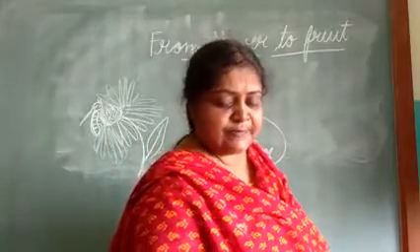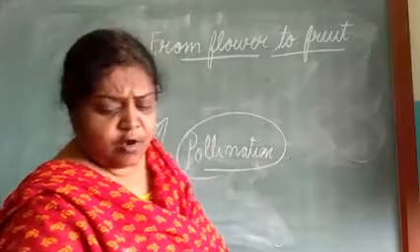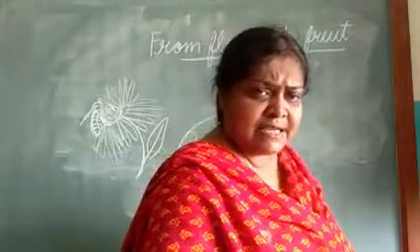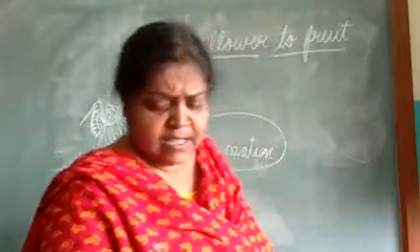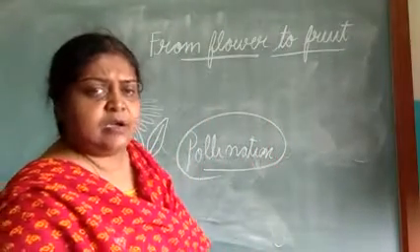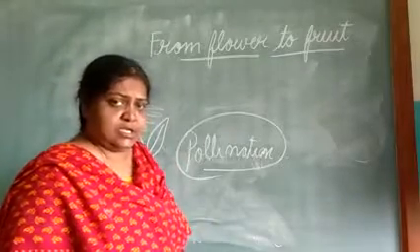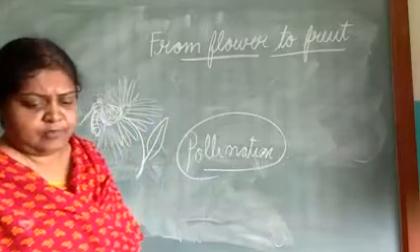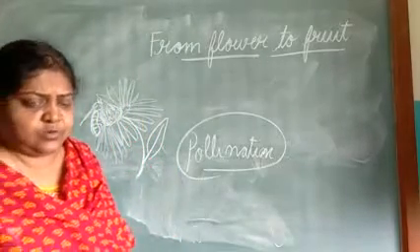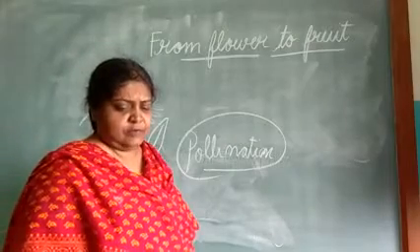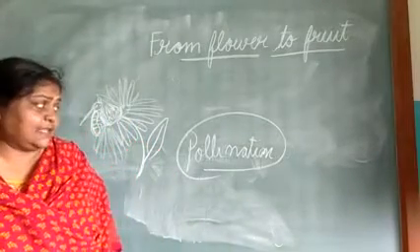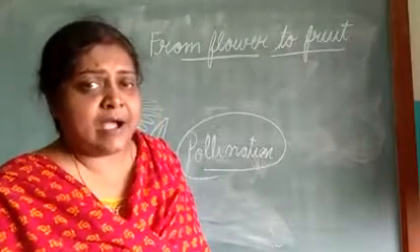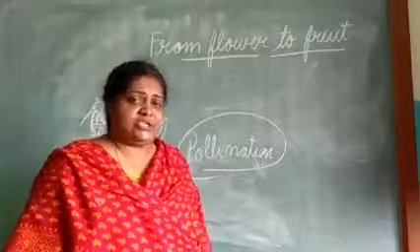Understood? This process of transferring pollen grain from the stamen to the stigma is called pollination. Transferring of pollen grain from what? From the stamen to the stigma. Transferring of pollen grain from the stamen to the stigma is called pollination.